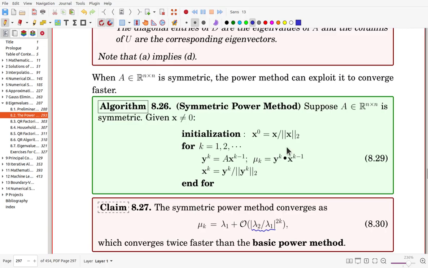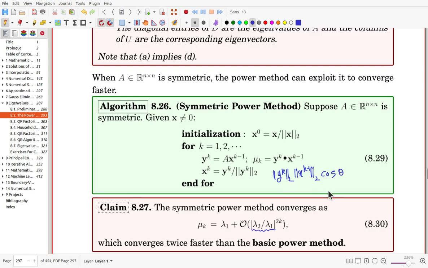But the update manner is this one. You may roughly consider this one. Once k is large, eventually yk and the earlier iterate have almost the same direction, so that this dot product will be the norm of yk times the norm of xk minus 1, where the norm is the L2 norm, of course, and then cosine theta.